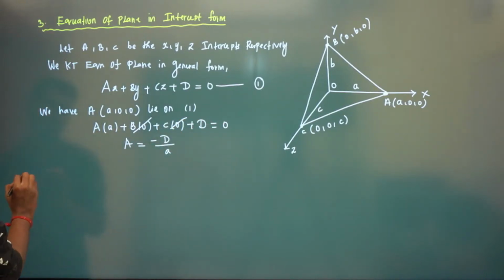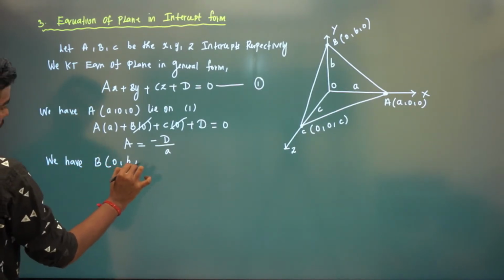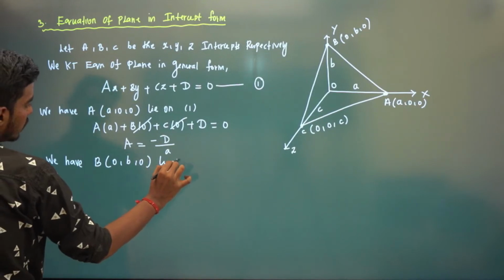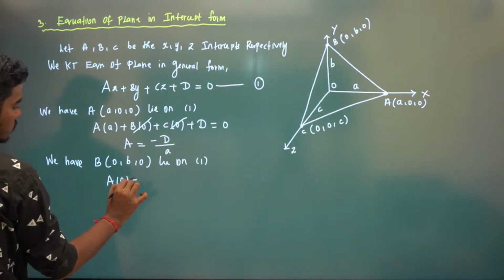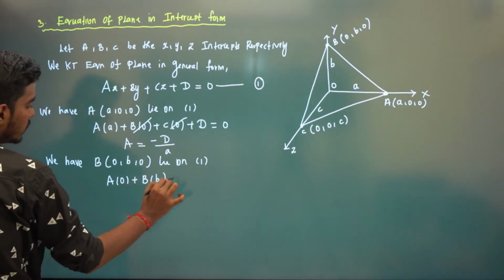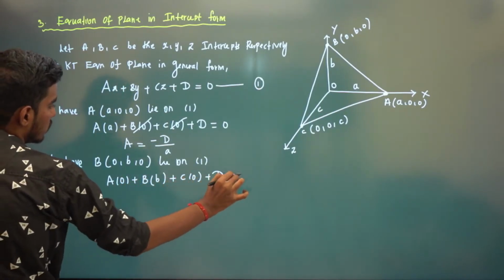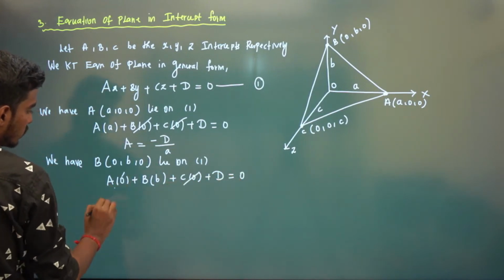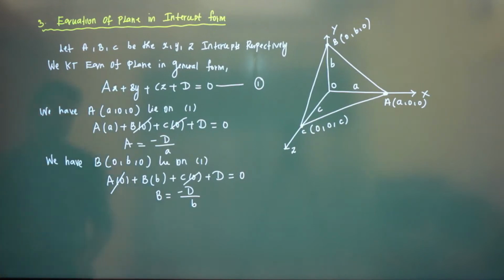Now similarly, we have point (0, b, 0) lies on equation number 1. So we have A into 0 plus B into b plus C into 0 plus D is equal to 0. So we have capital B is equal to minus D divided by b.